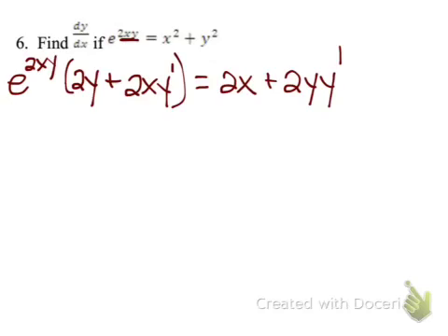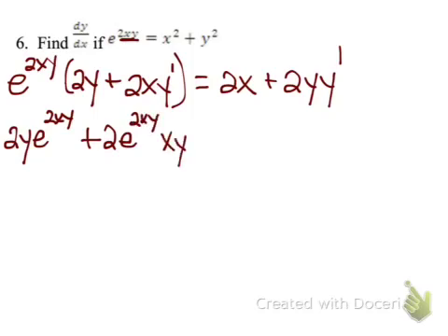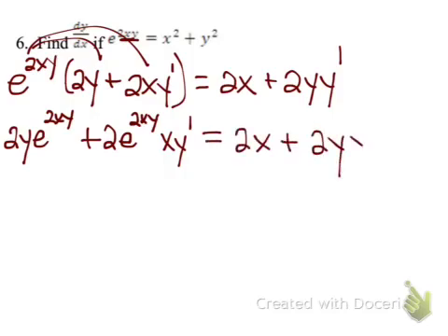Okay, left side I need to distribute. So I'd have 2y e to the 2xy, plus 2e to the 2xy xy prime. I just distributed this, equals 2x plus 2y y prime. Okay, and now I want to collect my y primes.